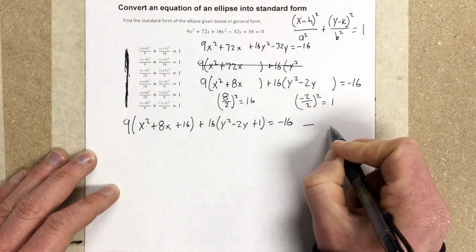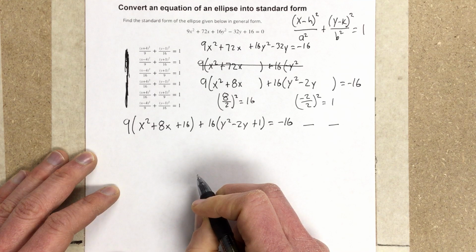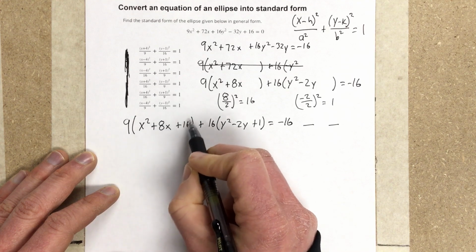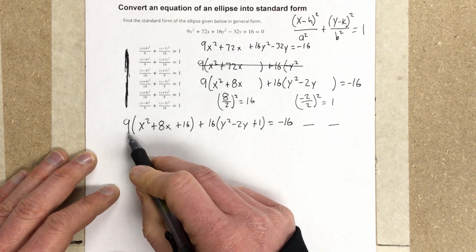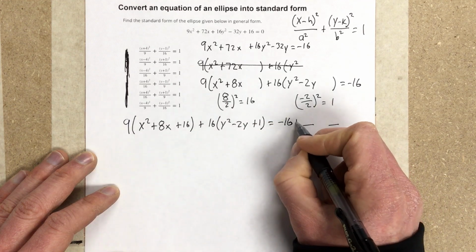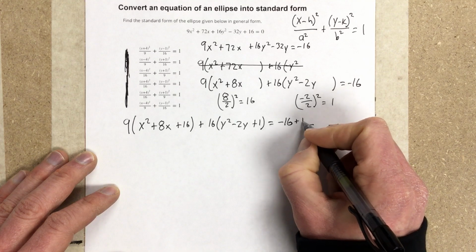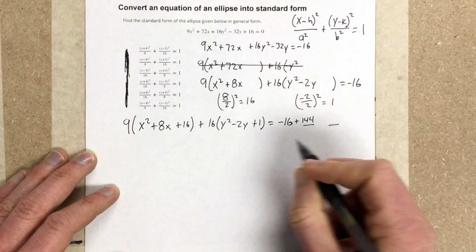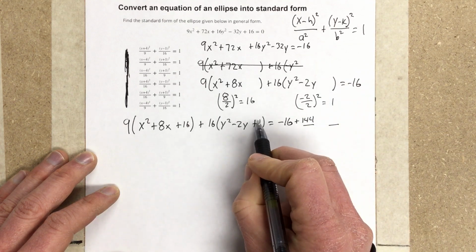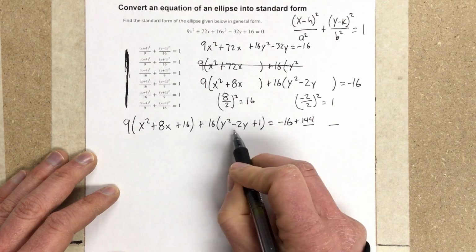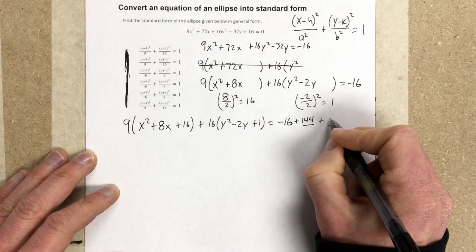I put a 16 inside these parentheses that were being multiplied times 9, so I really need to add 9 times 16, which is 144. And then I also need to add 16 times 1, because I put the 1 inside the parentheses that's times 16, so I add in 16.